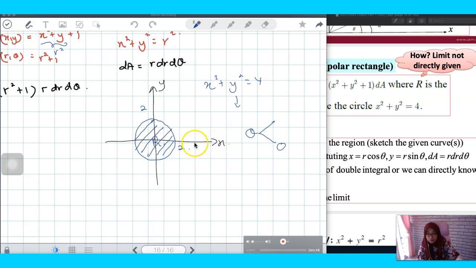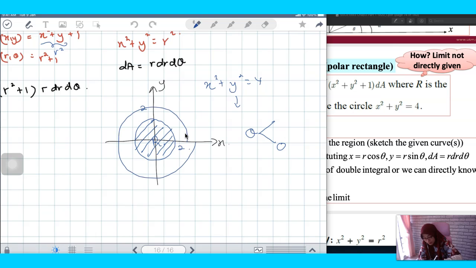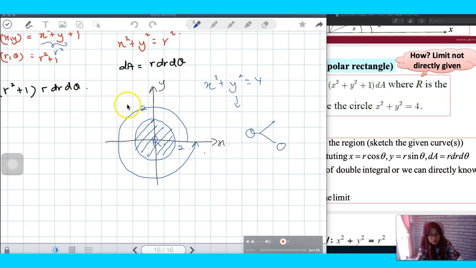So this is theta equal to 0, and this is theta equal to 90 degrees, this one theta equal to 180 degrees, and this one theta equal to 270 degrees. And when you have a complete cycle, that is theta from 0 to 2 pi or 360 degrees.